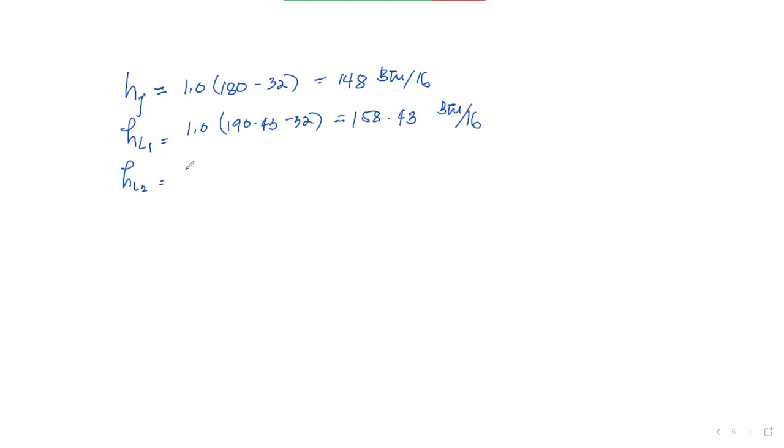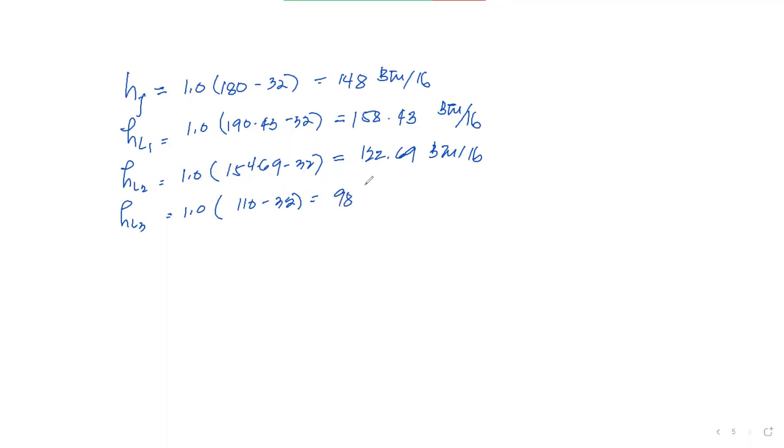So you use the datum temperature concept. So HL2 is T2, 154.69 minus 32. You have here 122.69 BTU per pound. And HL3, 1.0 and of course 110 minus 32. And this should give you 98 BTU per pound.